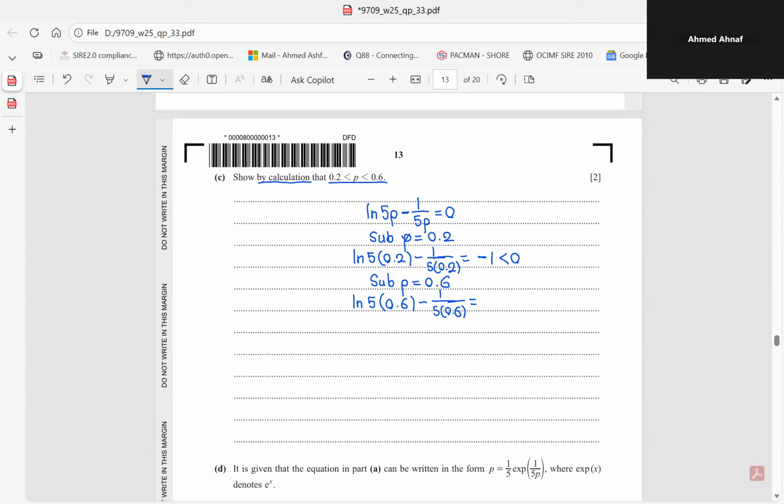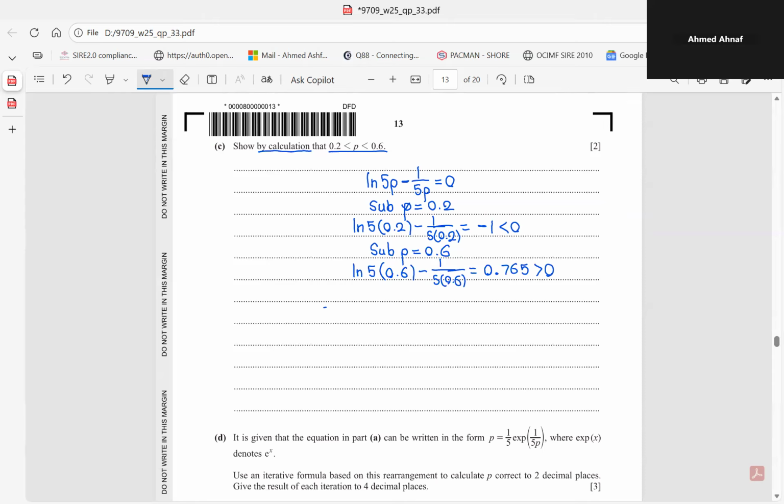Okay, so 6. Yeah, we got a positive value, 0.765 to 3SF, which is more than 0. So you can clearly see that the sign changed, the number turned from negative to positive.